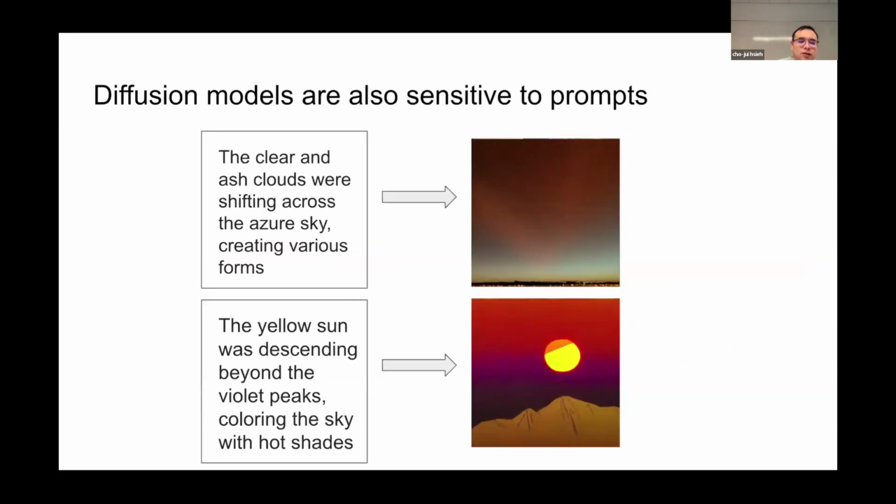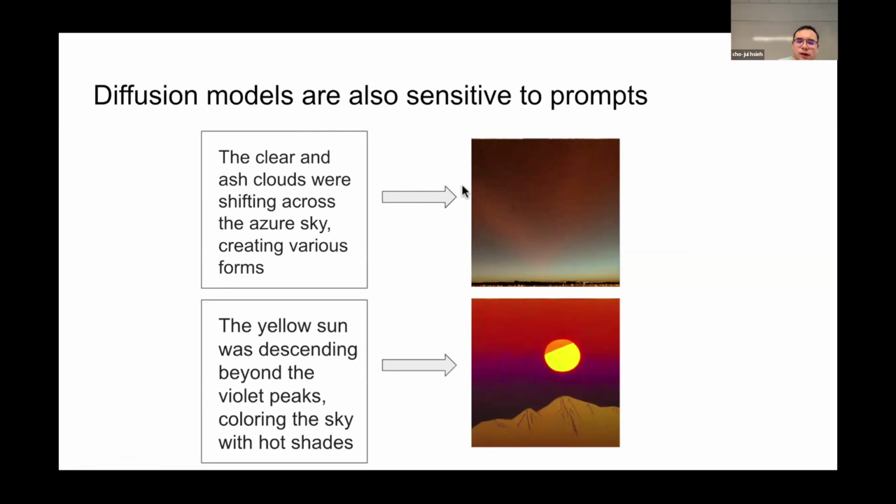We also show this is important for prompts for diffusion image generation models. This is a Stable Diffusion image generation model, where you have an input text and you ask the diffusion model to generate an image like this.